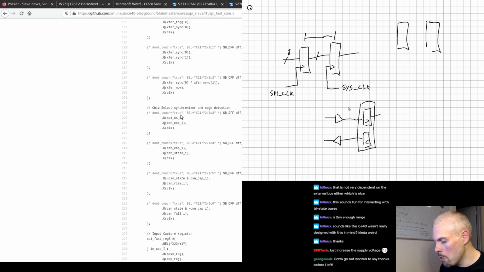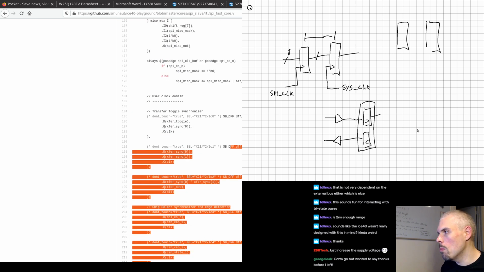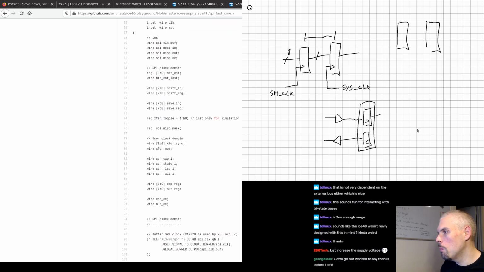And I also put them in tiles which are right next to the IO tile to minimize the delay and stuff like that, and make sure it's not random depending on the build. And that means that that block pretty much only works when you use the specific pins that, well, I used for the SPI.